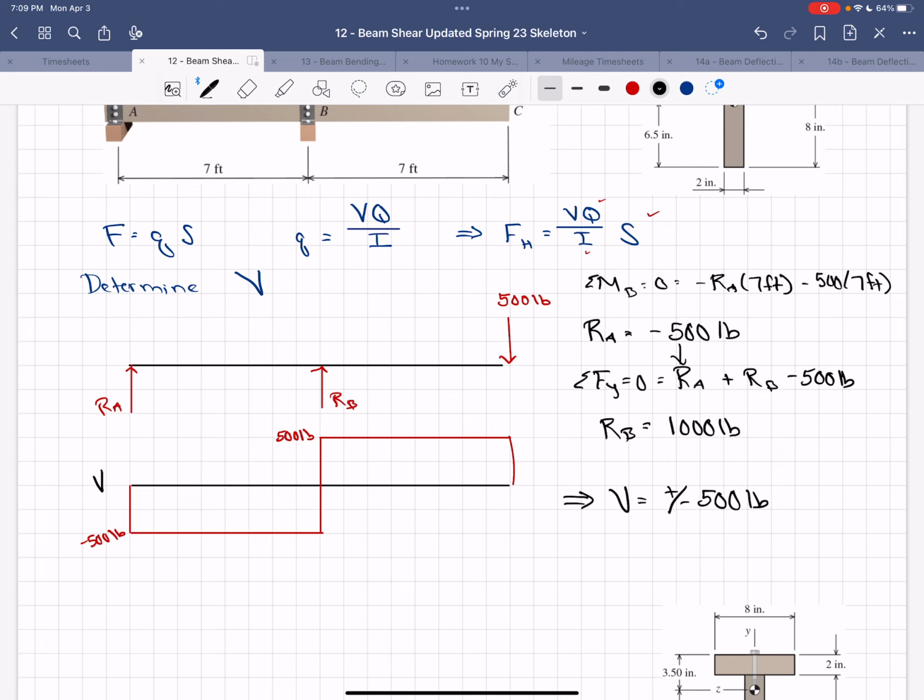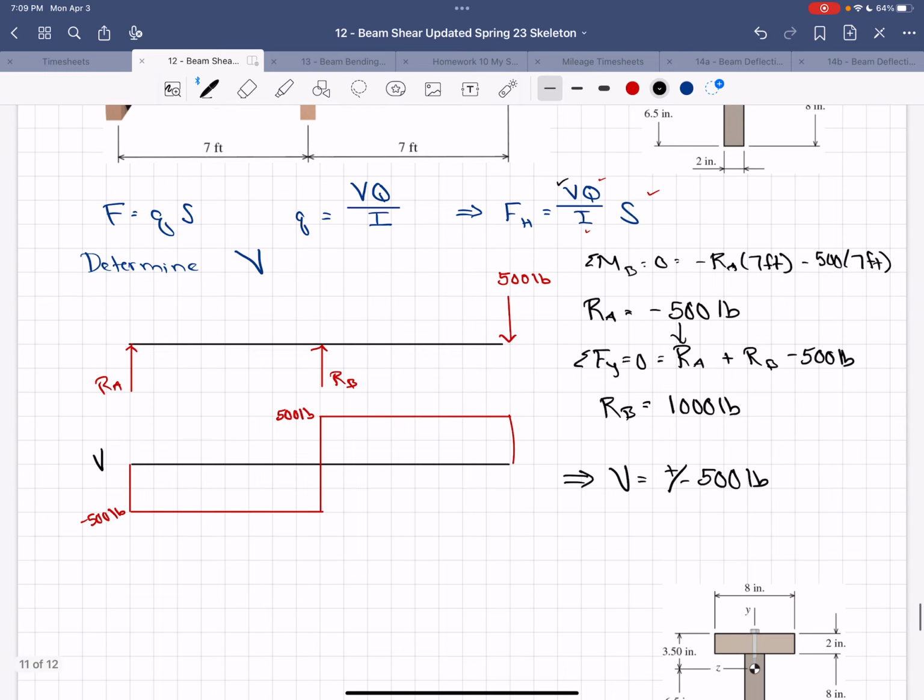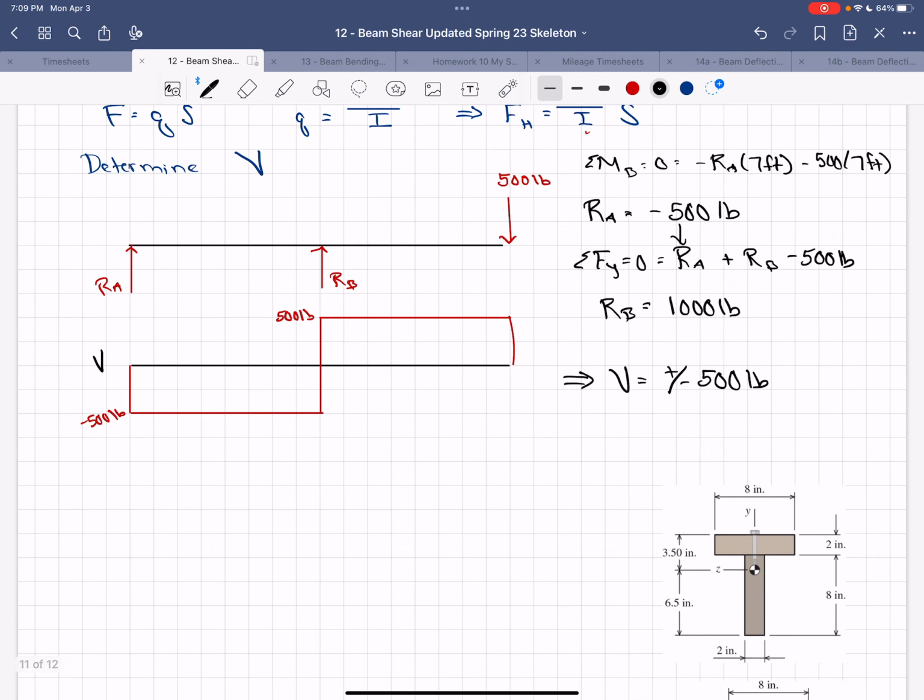Okay, so next step, now we know V, now we're going to calculate Q. Q equals the sum of the yi's times the ai's, and that also just equals y bar A. Y bar is the distance from the centroid of the whole thing to the centroid of the area that we're considering.